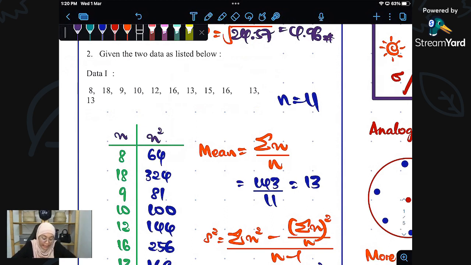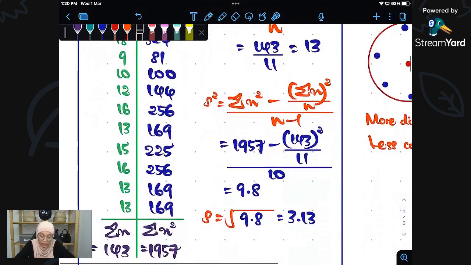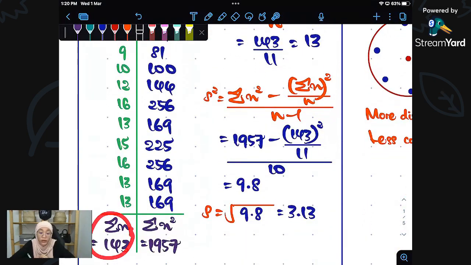All we gotta do is just solve the first data satu dulu yang kita cuba buat dulu, which is all I need is that you sub in every of this data into the table here, 2 columns, which is only x and x squared. You try to do it yourself and then check whether you get 143 for summation of x and 1957 for the summation of x squared.